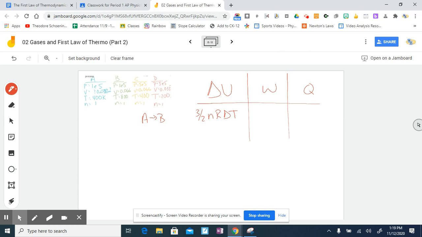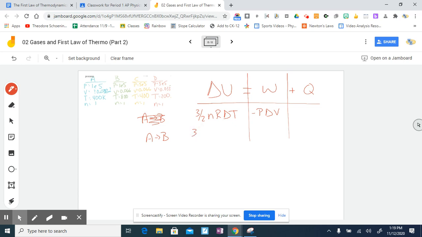Actually, I'll just write that there the one time, and we're going to put the A to B just a little bit below that. The Q we've got to figure out, and the W is going to be negative P times delta V. And then the Q will be the difference. So what we'll do is we'll say this equals this. So all we basically need to do now is just put the values in that we have.